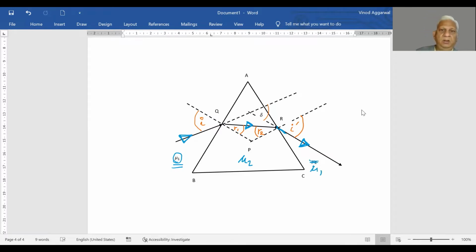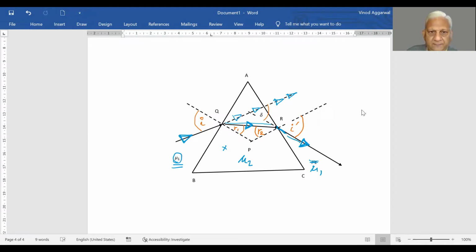Right? Now, if there was nothing in between, this ray would have gone straight out. But because of this prism, it took two bends. One is this one and another is this one.